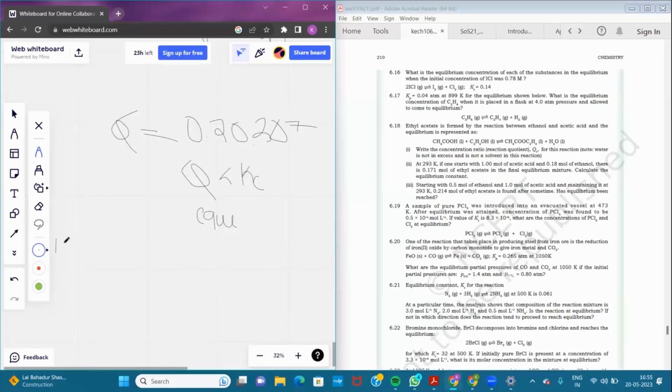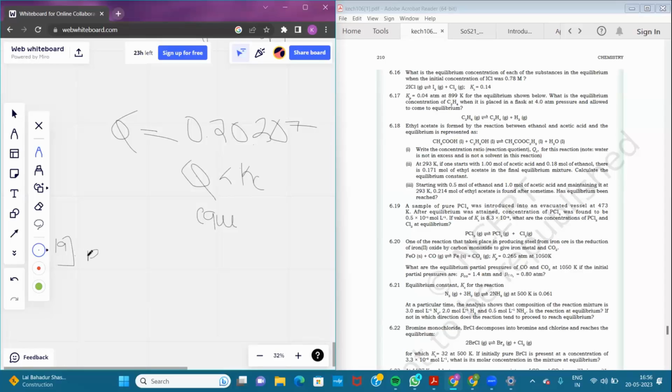We'll go to the 19th question. A sample of pure PCl5 was introduced into an evacuated vessel at 473 Kelvin. After equilibrium was attained, the concentration of PCl5 was found to be 0.5 into 10 power minus 1 moles per liter. If the value of Kc is 8.3 into 10 power minus 2, what are the concentrations of PCl3 and Cl2 at equilibrium?